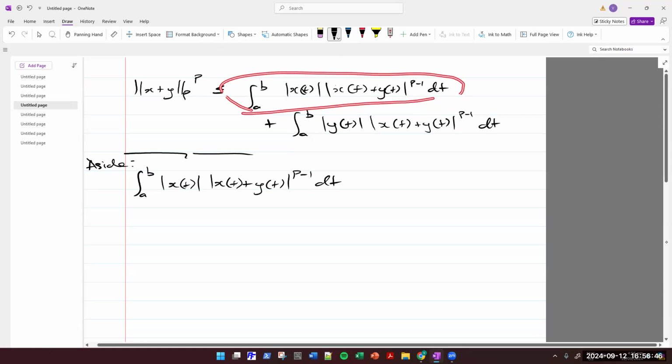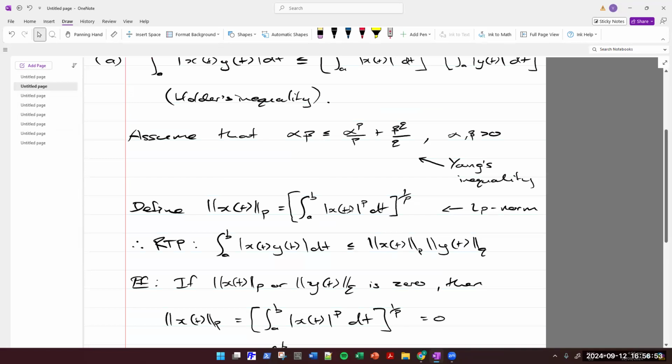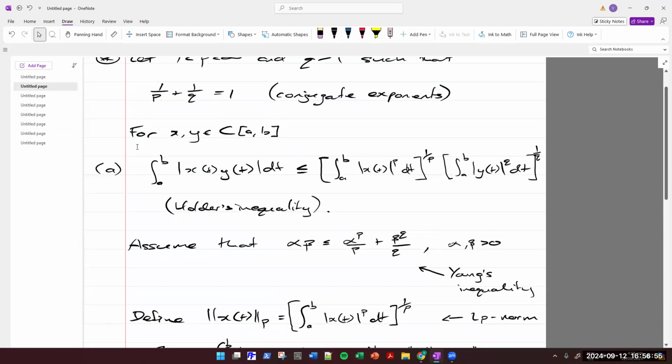Okay, so Holder's inequality, I copy and paste that too.